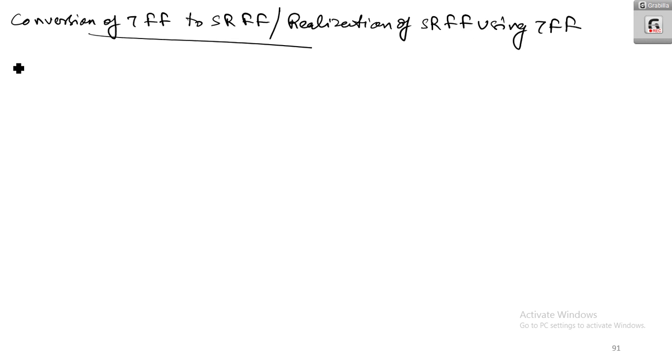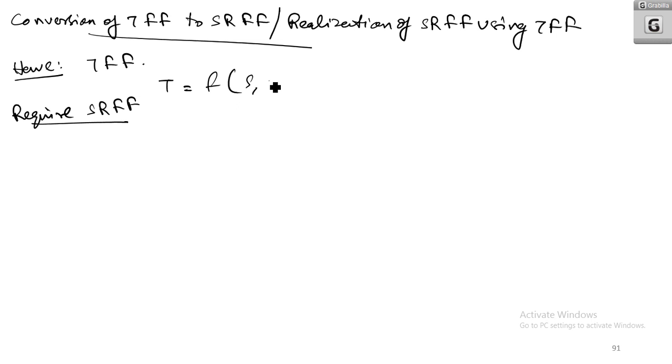Now here what we have is a T flip-flop, and what we require is an SR flip-flop. Therefore we can write T as a function of S, R and Qn. So let us proceed with it.